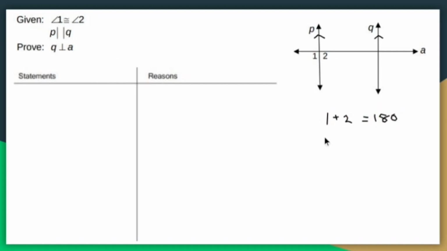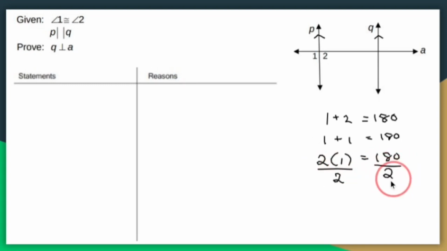So I could say 1 plus 1 equals 180, and that's the substitution property. If I combine like terms, 2 times angle 1, I know this doesn't look right, but this is a rough draft and I know what I'm doing. So 2 times angle 1 is 180. Divide both sides by 2, and angle 1 equals 90. Which means angle 2 is 90.